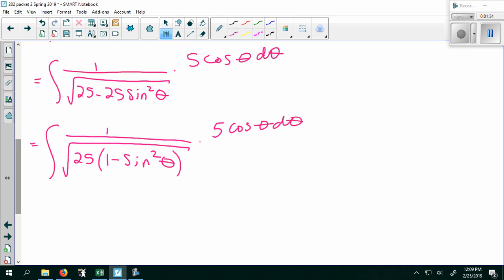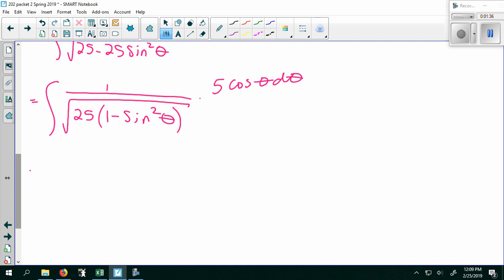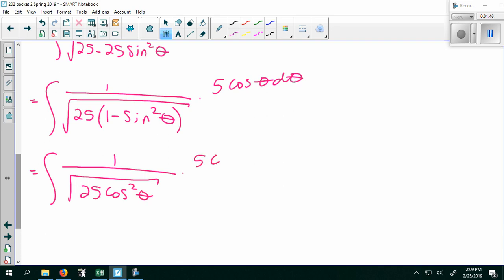Replace 1 minus sine squared with cosine squared. Okay, and now I can take the square root. Because this is a product, I can square root each factor separately. That is not allowed for a sum or a difference.